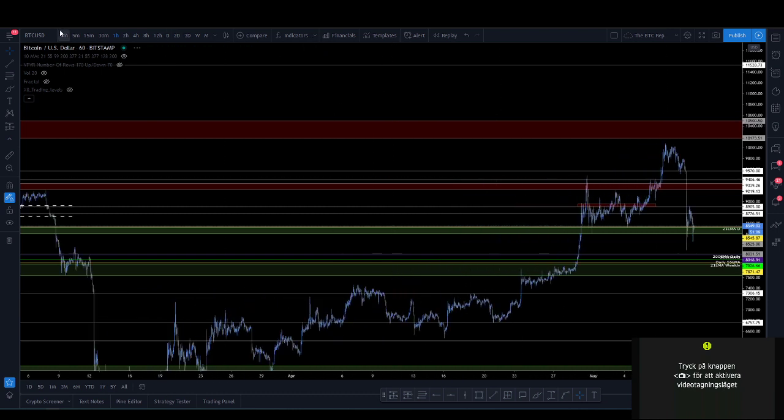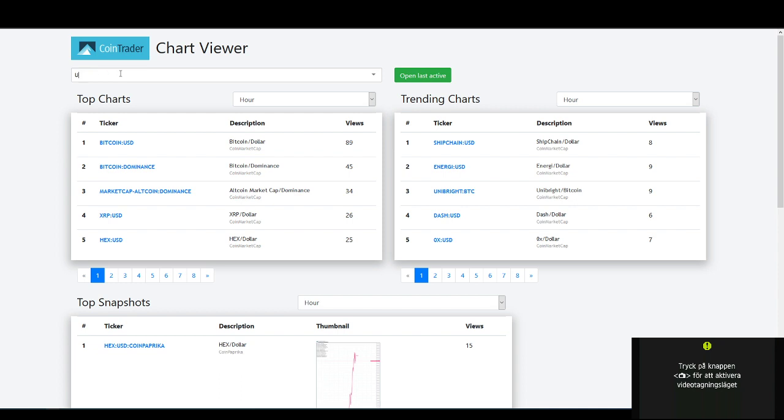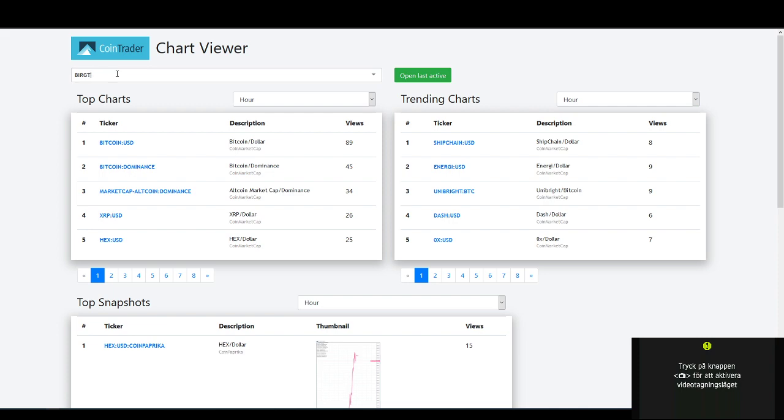UBT Ethereum. I always find it weird to short something against Ethereum. UBT, that's Unibright or something like that, right?